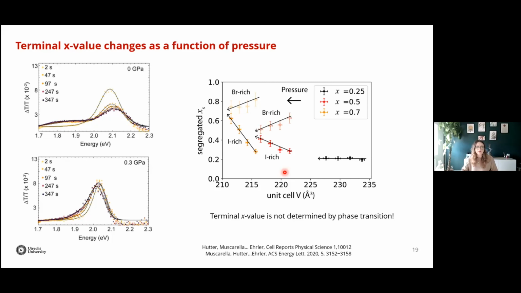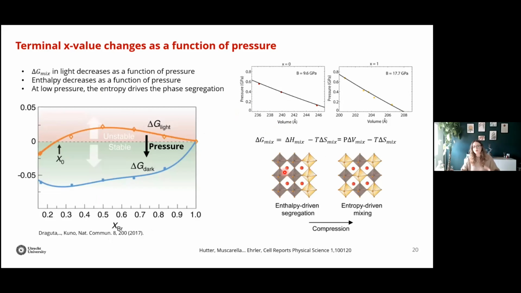So how do we explain this? We explain this by looking at the delta G mix, and in particular the delta H mix, because as we said before, the delta H mix is closely linked to strain, and bromide and iodide also have different bulk moduli. That means that when you apply pressure, one of the two domains, the iodide one, because it has a lower bulk modulus, will compress more than the bromide one.